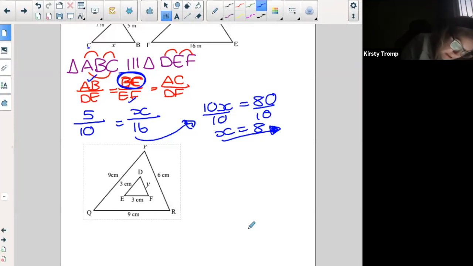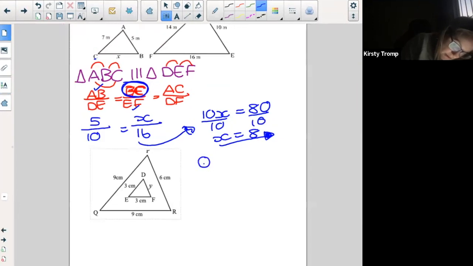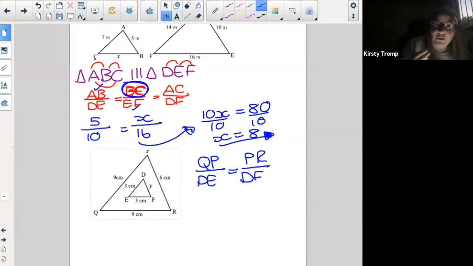I'm going to say, well, I know that QP over DE is going to be equal to PR over DF. How do I know that? Because the sides are similar, so they're in proportion.